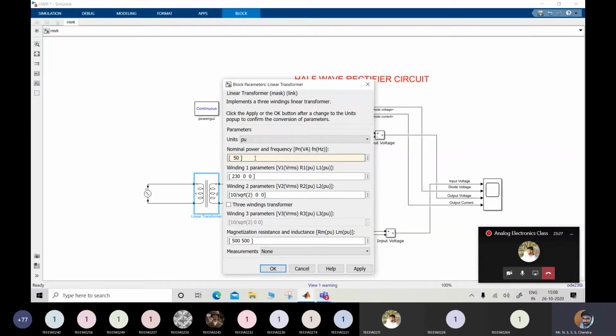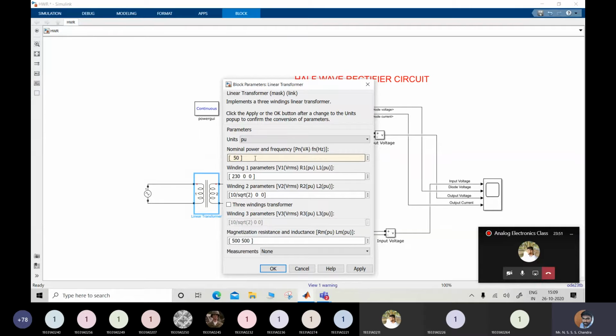What's the output current value? RMS value, Im by root 2, sir. Im by 2, right? I am getting 0.1 as the peak value in the current. So it is 0.1 by 2. The voltage is 10 by square root 2. So it is 10 by square root 2 into 0.1 by 2.